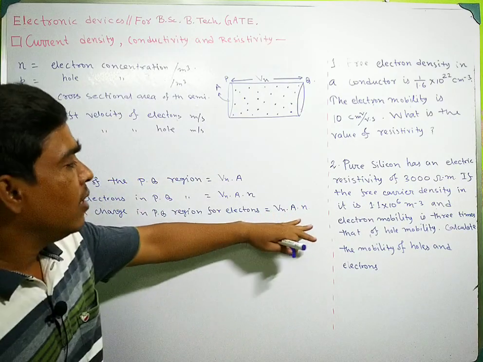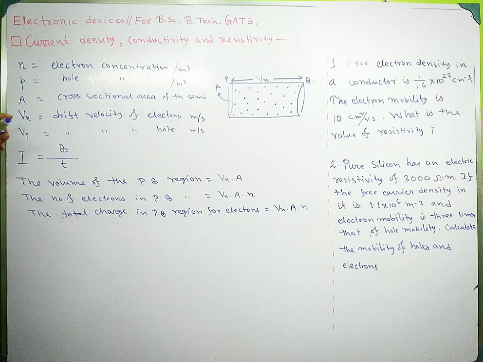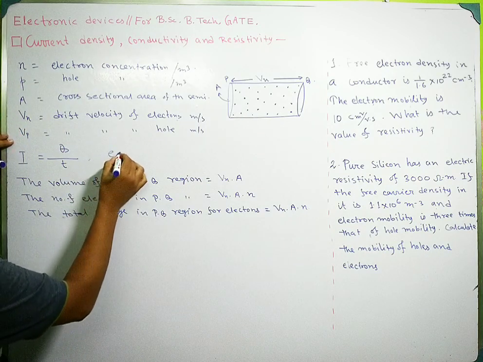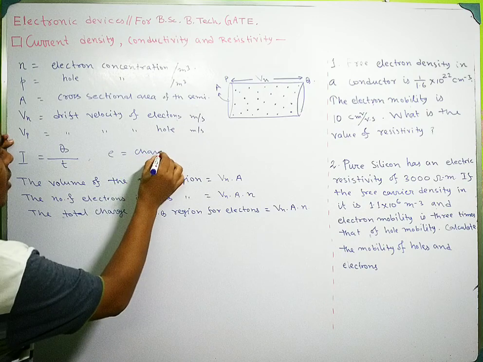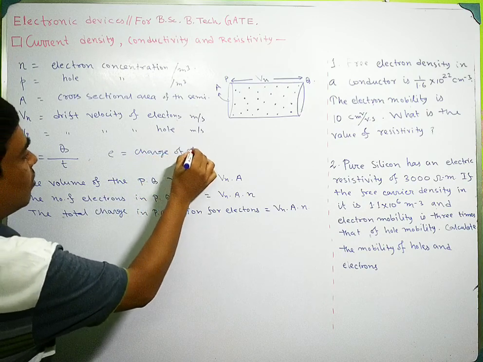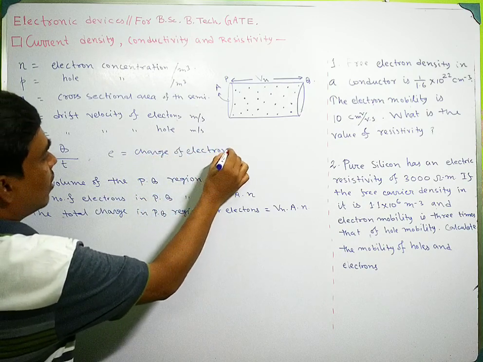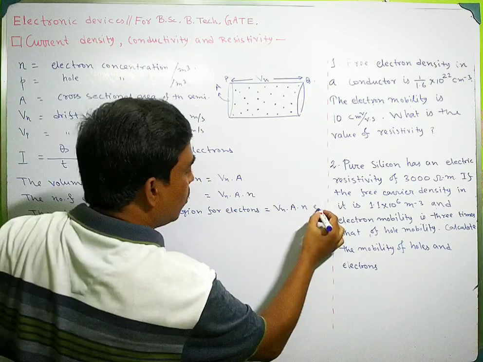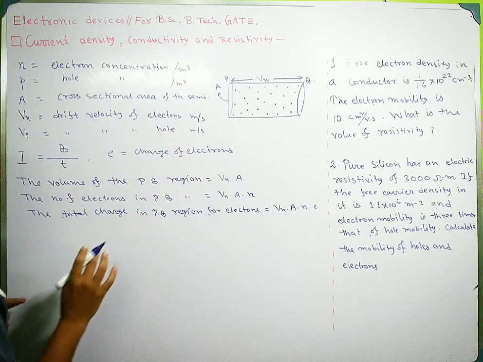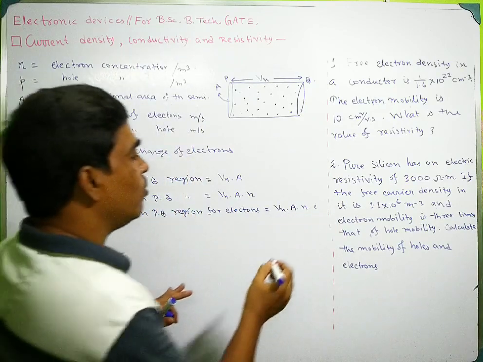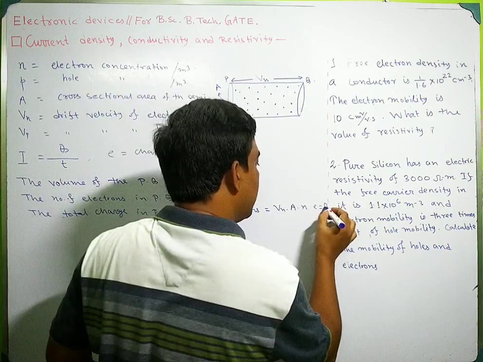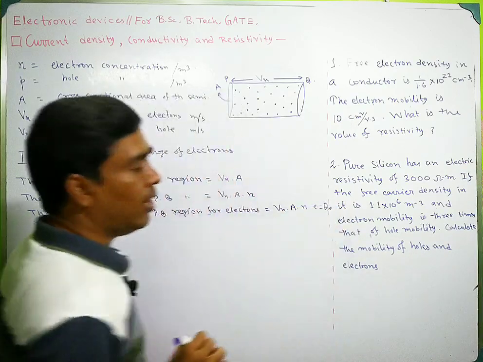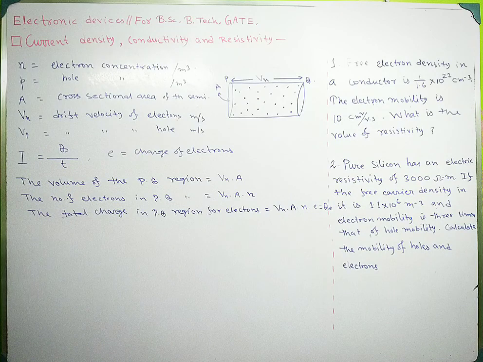If I multiply with the charge, suppose E is equal to charge of electron, then it will be the total charge for the electrons, QE.